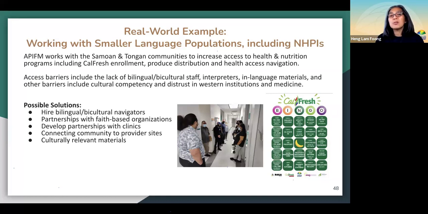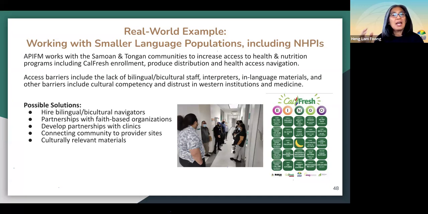Culturally relevant materials don't always have to be translated unless the community speaks and reads in that language. But the image to your right is really using this bingo card format to talk about CalFresh education and outreach. Bingo is a game that's very highly used and recognized within the Samoan and the Tongan community.